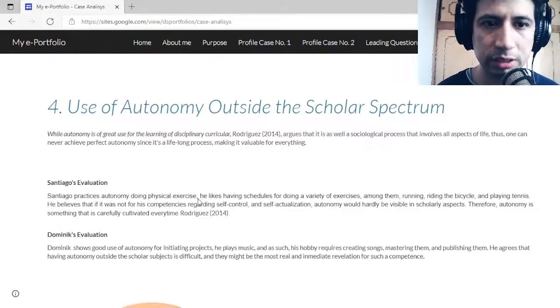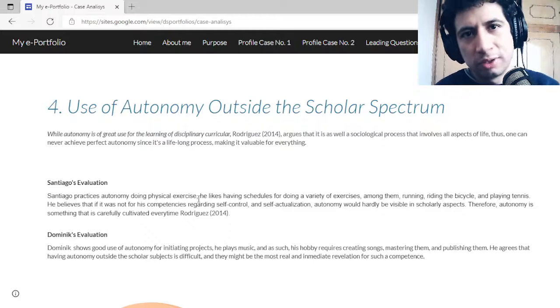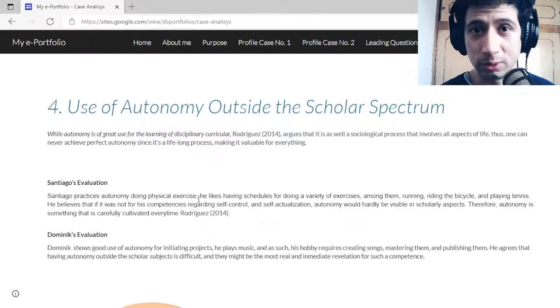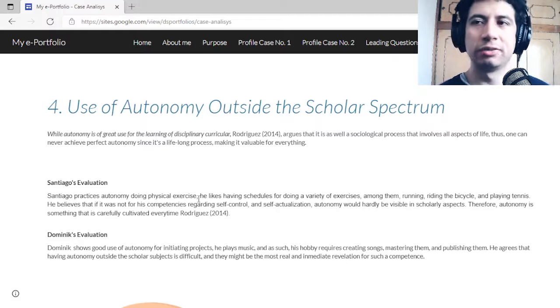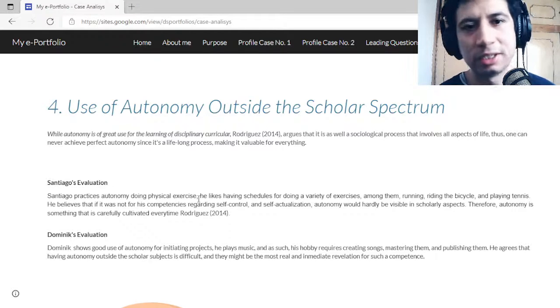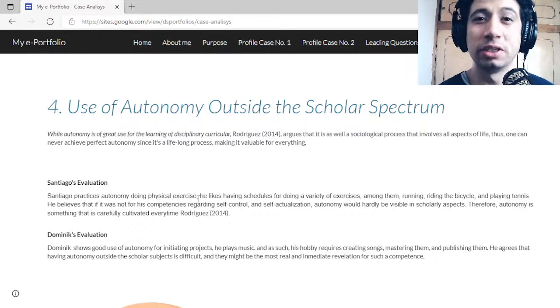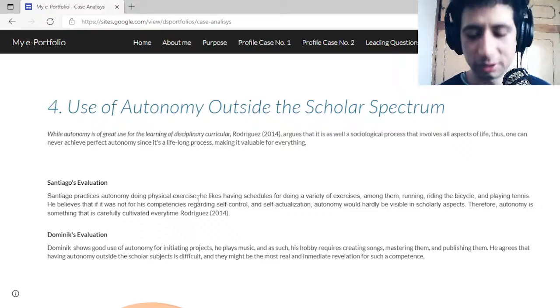Now, the last one is autonomy outside the scholar spectrum. This was similar because Dominik and I do exercise. We go to the gym. Of course, with COVID, we were unable to go to the gym, but we still tried to do so. And so we applied a lot of autonomy there. For example, we do certain exercise where we require preparation. We also require motivation, self-control, and so on in order to keep going.